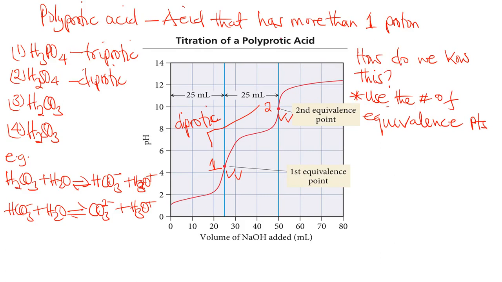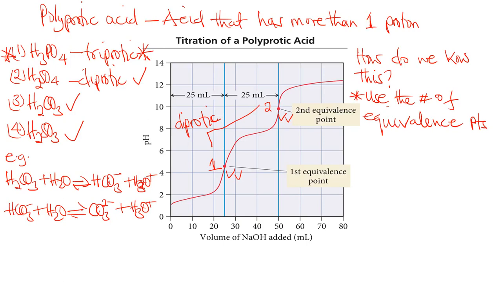So this graph that we see here can be explained by this one, because both of them are diprotic, and also even this one. While this is triprotic.